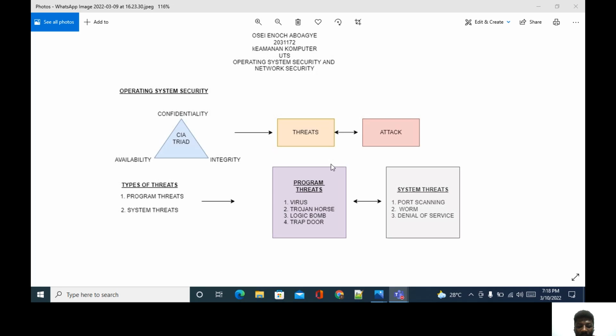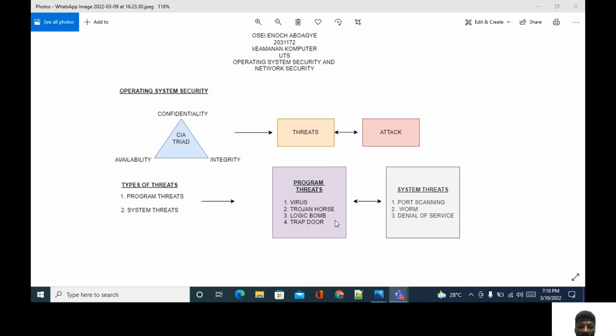And what are viruses? We have these terms here: virus, Trojan horse, logic bomb, trapdoor, and others. And many times we get confused in their meaning, or we think they are almost the same, but they have differences.